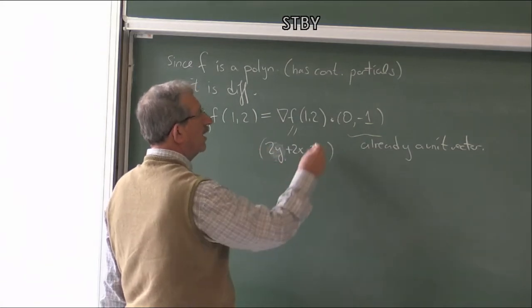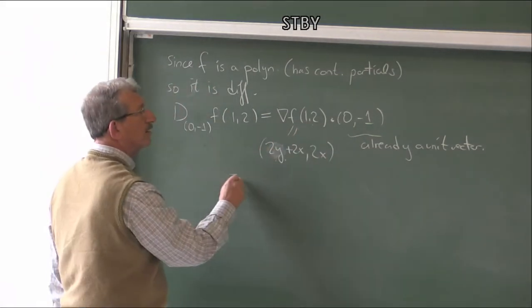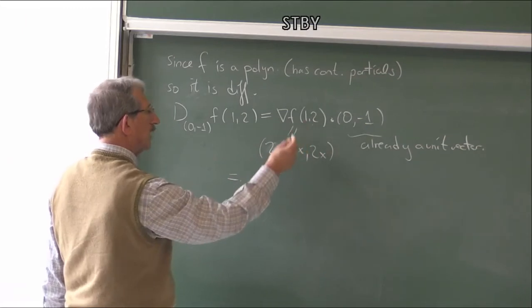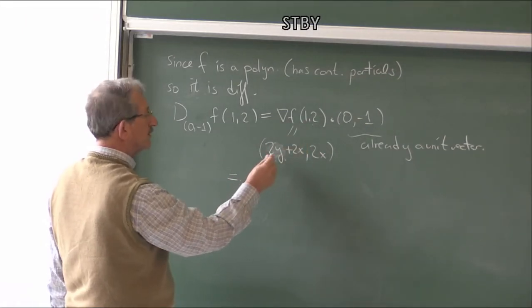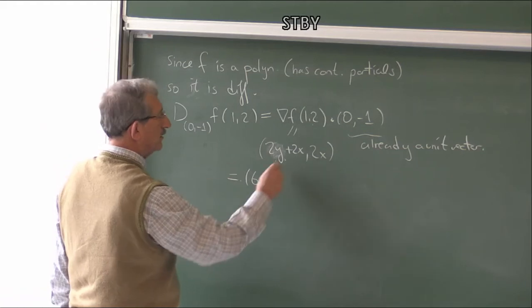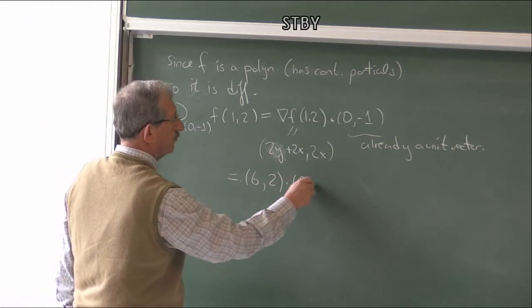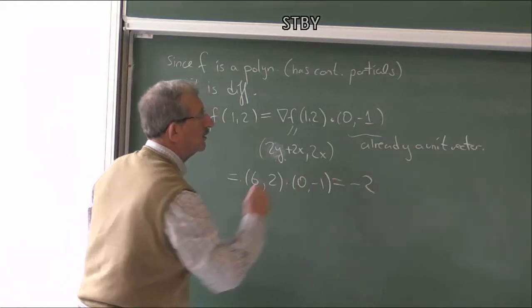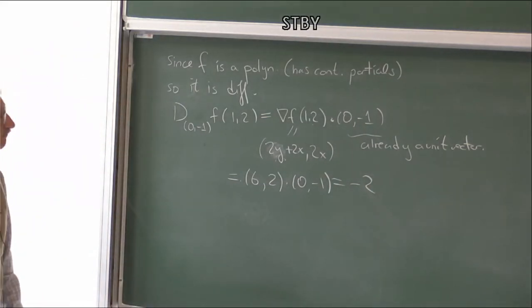Okay, so at the given point, x is 1, y is 2, so that's (6, 2) dot (0, minus 1), so it is minus 2.